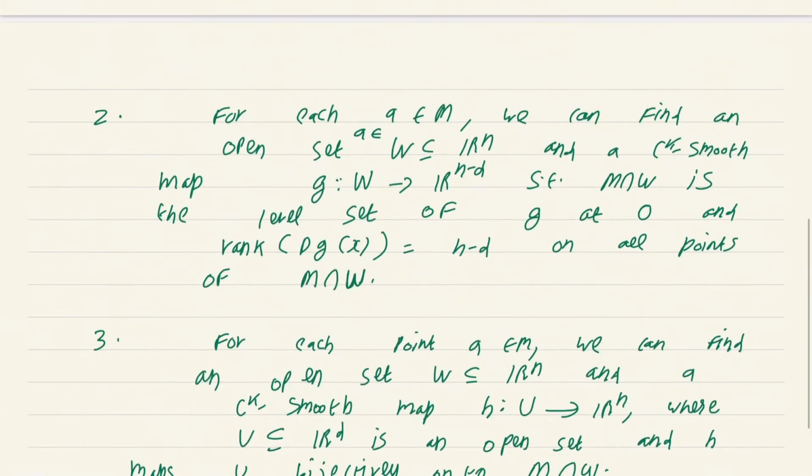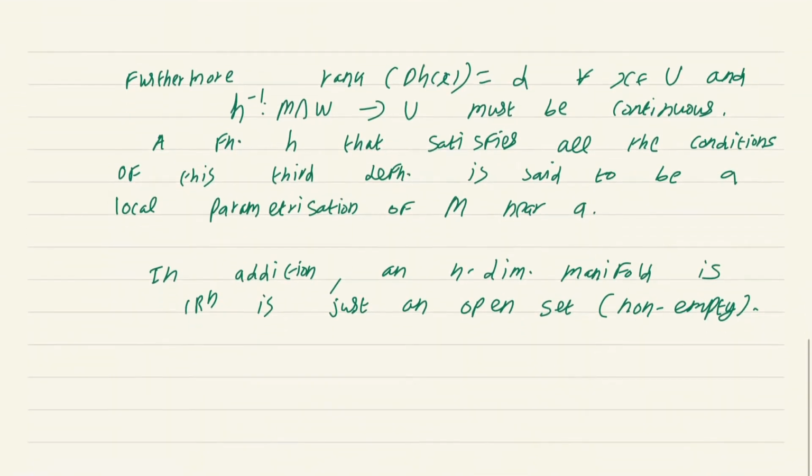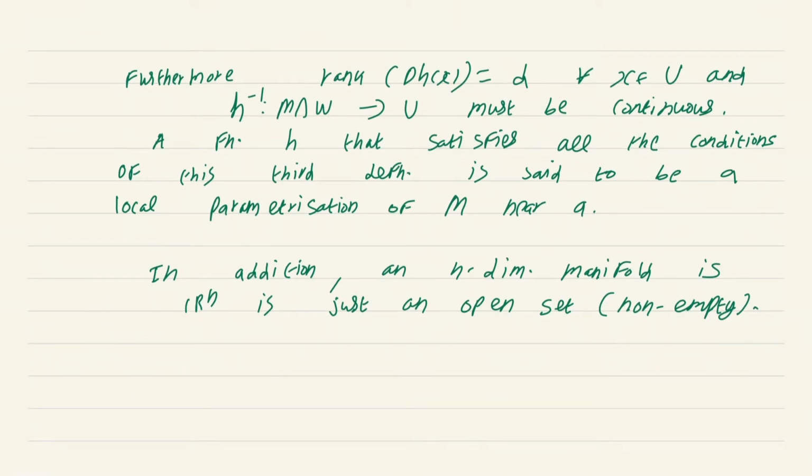For instance, this x comma f of x, that's the graph x comma g of x in this situation, that will automatically be full rank, right? So you don't need to put that condition, and the inverse map will automatically be continuous because the inverse of the graph is just a projection map, if you think about it. So certain things are automatic in the graph, so you have to make that explicit when you look at the parametrization. The conditions will become very clear when we talk about examples, and you will see several exercises where things go wrong if you drop one of these conditions. You will have figures which are obviously not going to look locally Euclidean become manifolds.